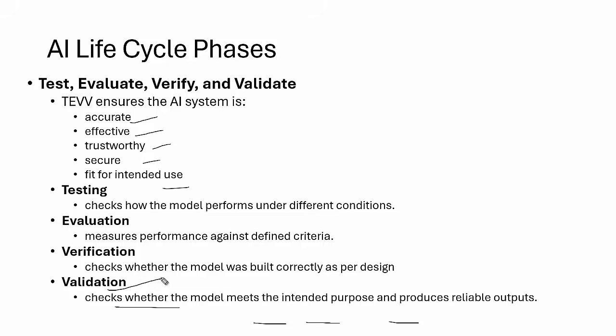I repeat again, the difference between verification and validation. Verification is done against the documented requirement. Is it working as per what we documented in phase 1? But is it really working as per the business objective? That is basically called validation. So adversarial testing, pen testing, prompt injection, we do in validation only, because we have to make sure it produces a relevant output with the right data, and that I'm going to cover in detail.